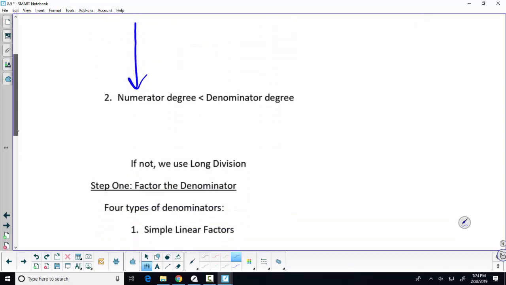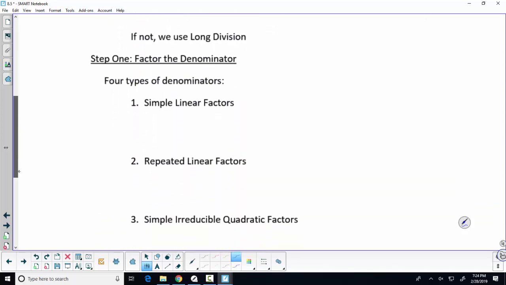So if that's not the case, as we've seen in many examples, then we have to use long division. Sometimes a problem involves first doing long division, and then for the remainder over the divisor part, we have to use partial fractions on that to keep breaking that down.